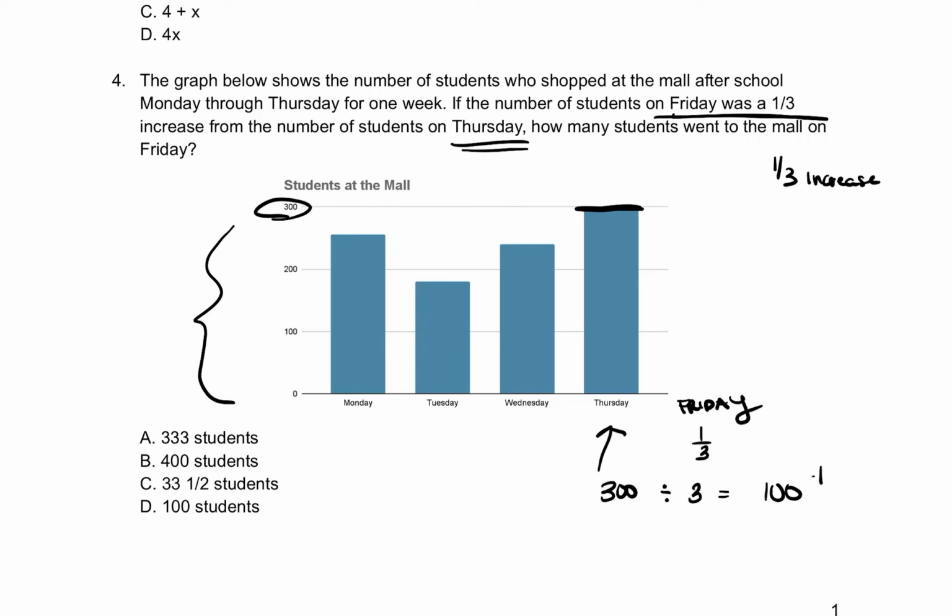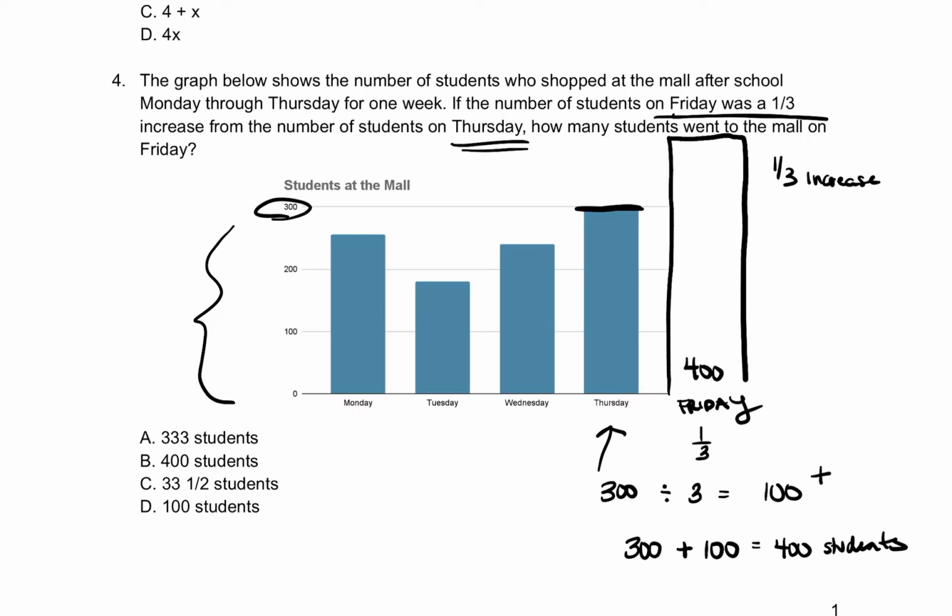That means there was a 100 student increase. Increase means adding. So we take the original count for Thursday, 300, and add 100 students. We get a total of 400 students who went to the mall on Friday. So the graph would be like this, and our answer would be 400 students.